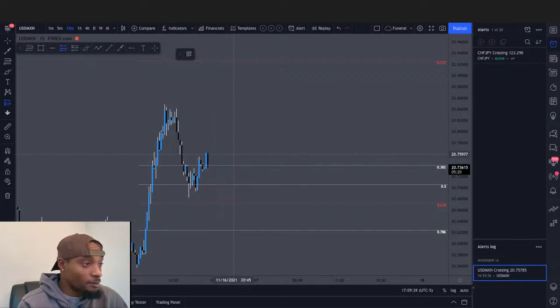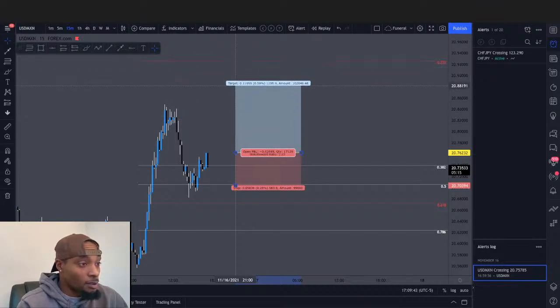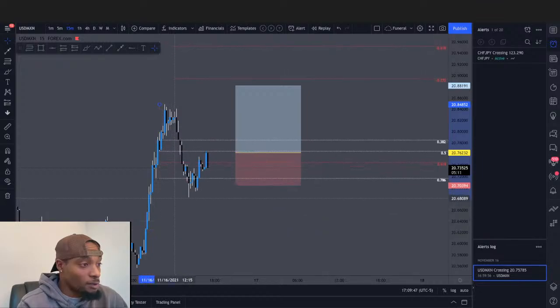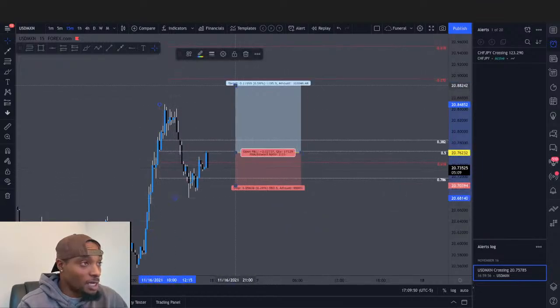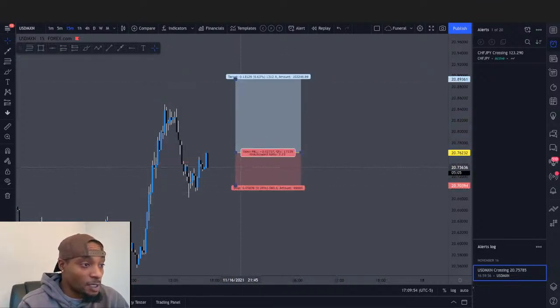If we start to see some breakages and closures to the upside, we might look to enter on something nice and easy, really simple. Looking for a nice 2R little day trade.